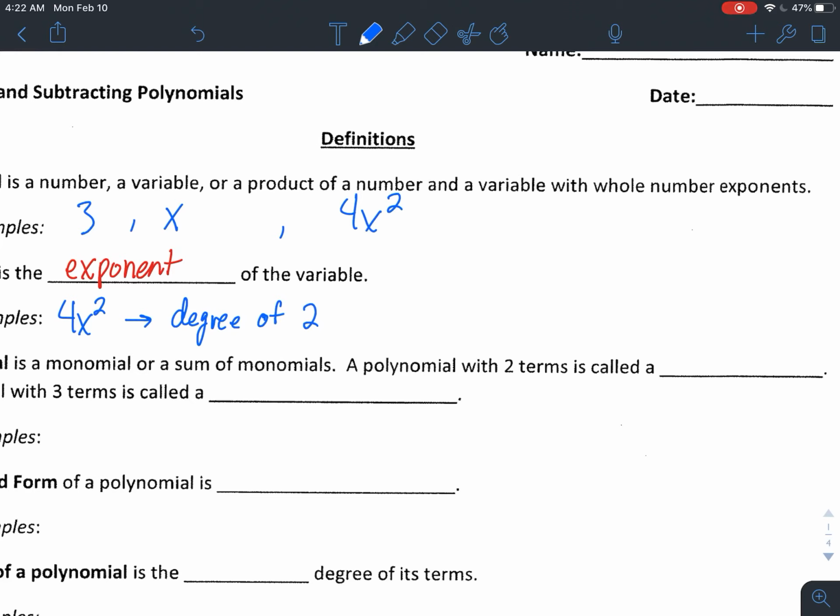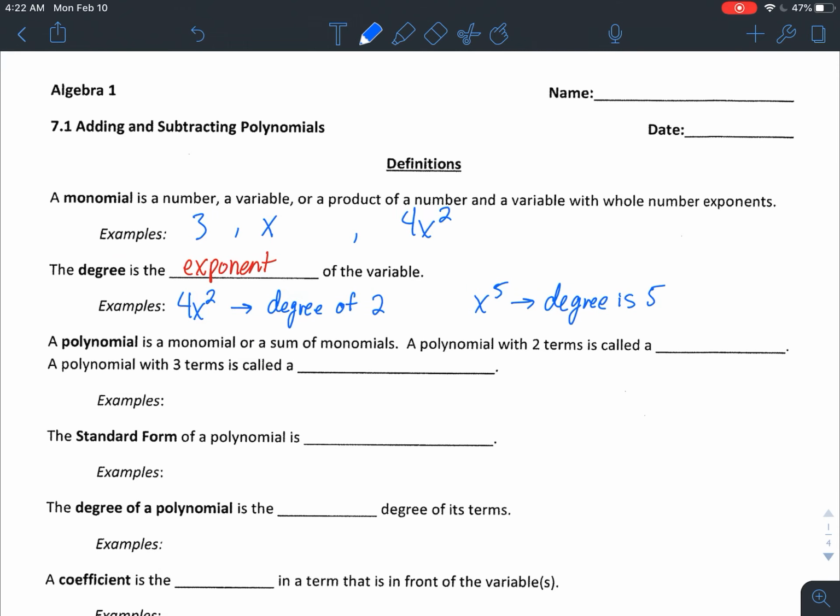So if I had something like x to the 5th power, degree is 5 there, because that's the number that is my exponent. We'll have the degree of a polynomial, but for right now, we're just talking about degrees of a single term.